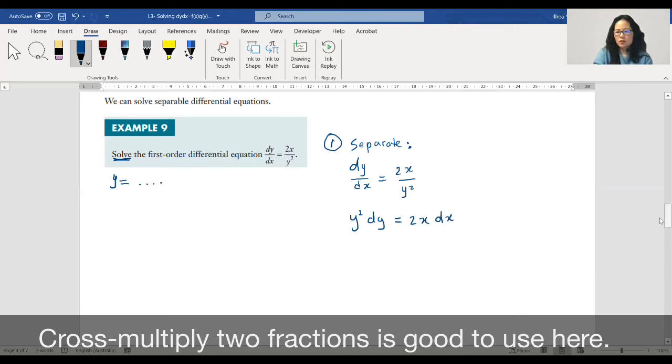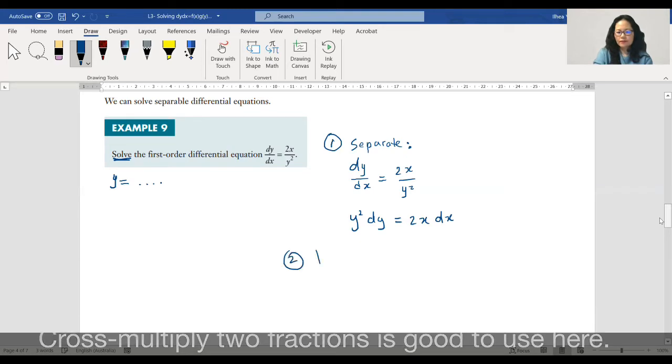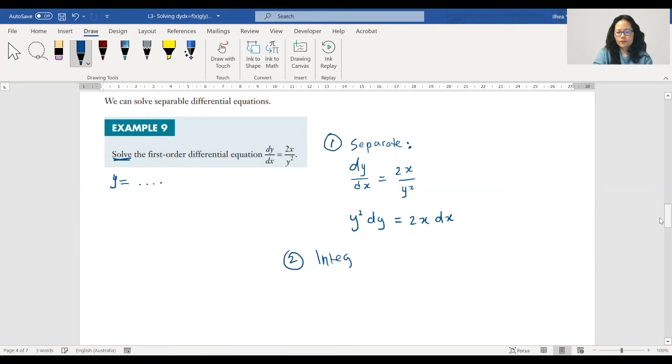Okay, so think about that, and I'm going to integrate. And we just integrate, plus C1. I'm going to go here because we've got to do integration at the same time.